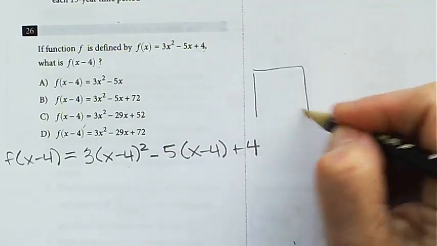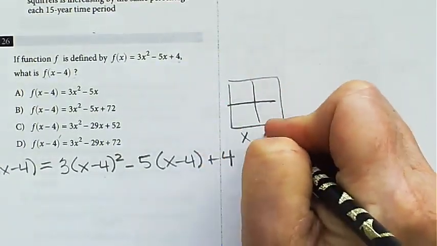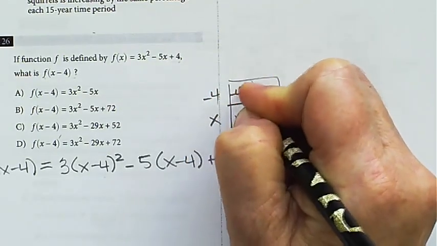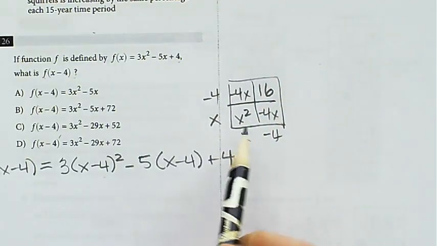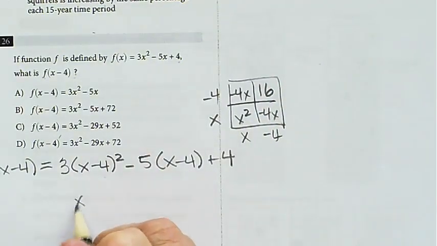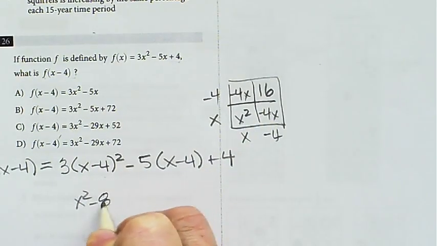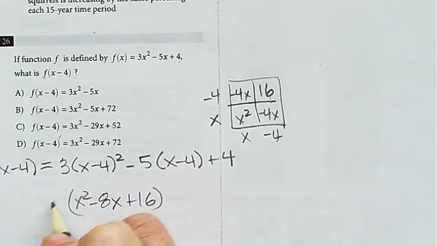If I square x minus 4, I get x squared minus 8x plus 16. Now all of that is being multiplied by 3.